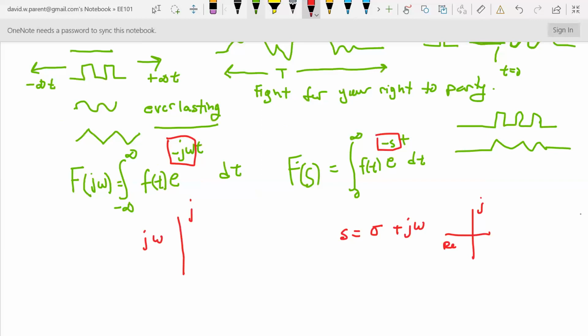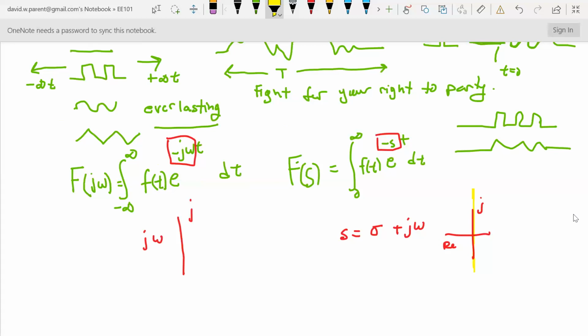Now here's the really interesting part to me: if I take the Laplace transform of something and calculate the magnitude and phase along this axis, I've just done the Fourier transform of it. And I thought that was pretty cool. It took me a long time to figure that out. Maybe you guys saw it right away.